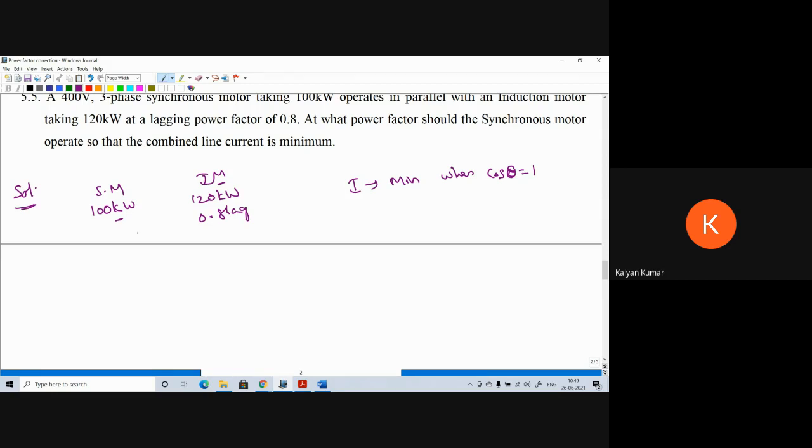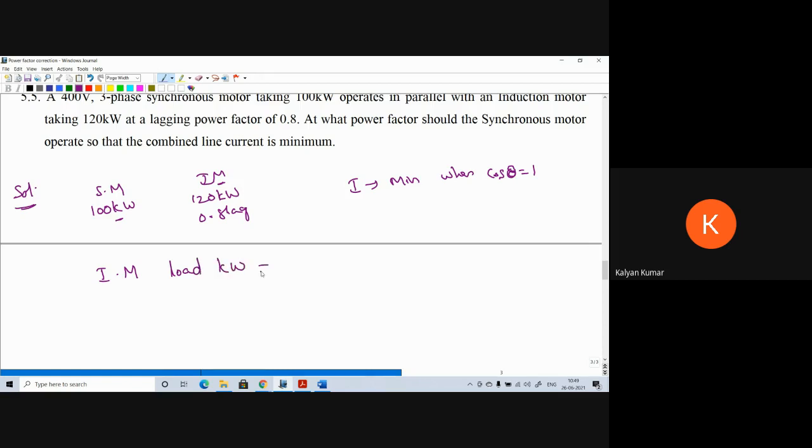First, let's find out the lagging kVAR required by the induction motor. Induction motor load kilowatts is 120.